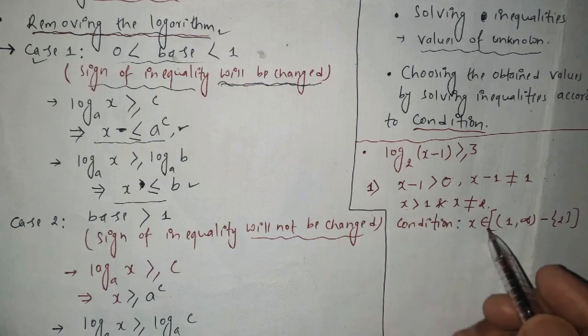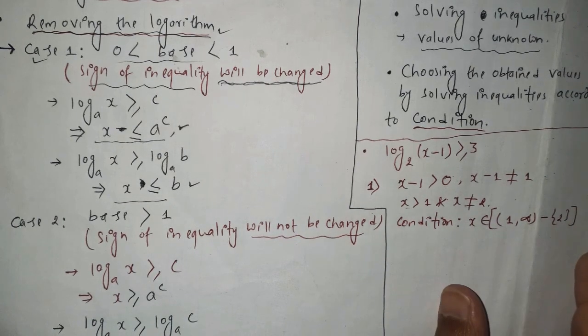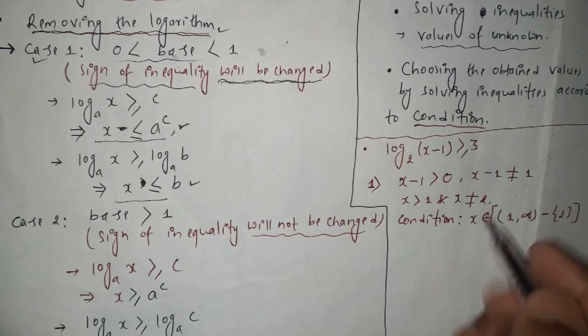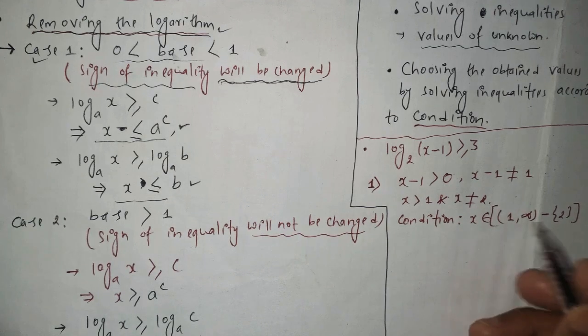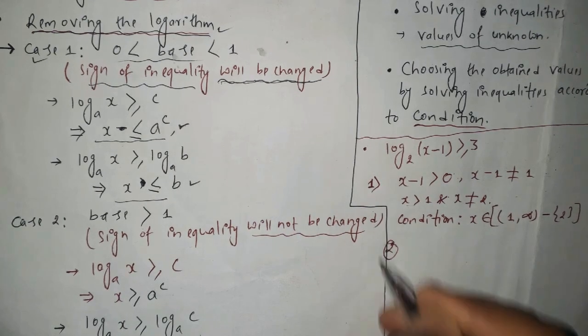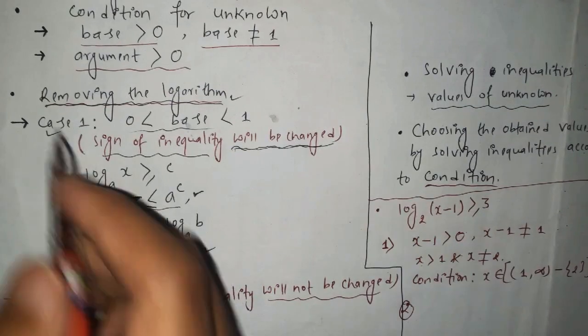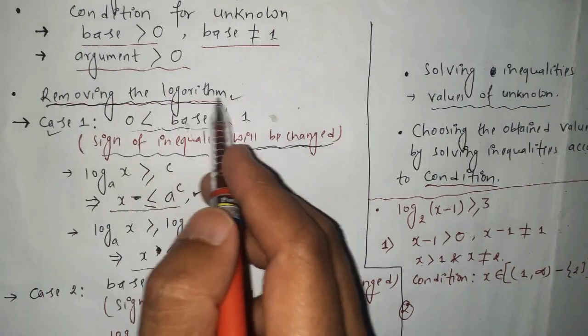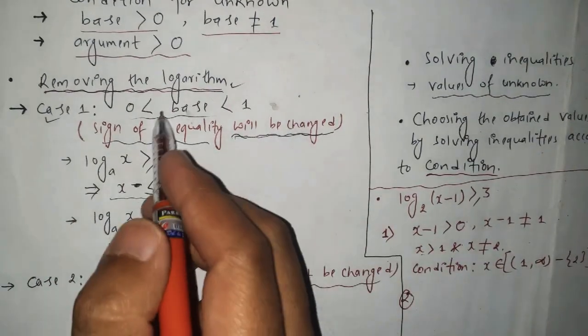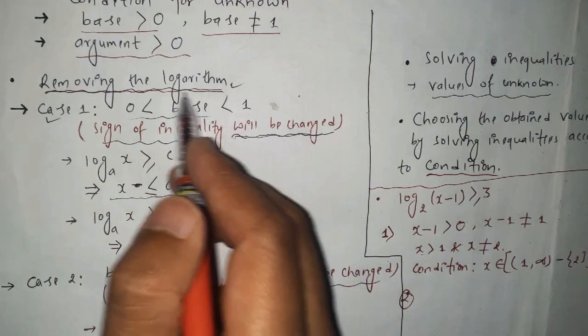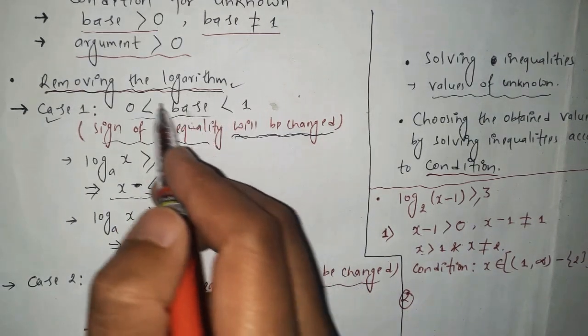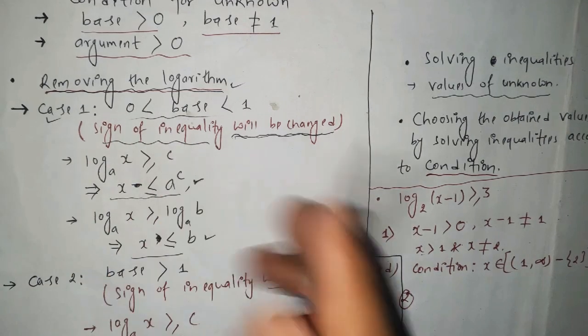In this first step we obtained the conditions for the unknown x. Let's move to the second step, which is removing the logarithm. For removing the logarithm we first have to observe the base. There are two cases according to the base.